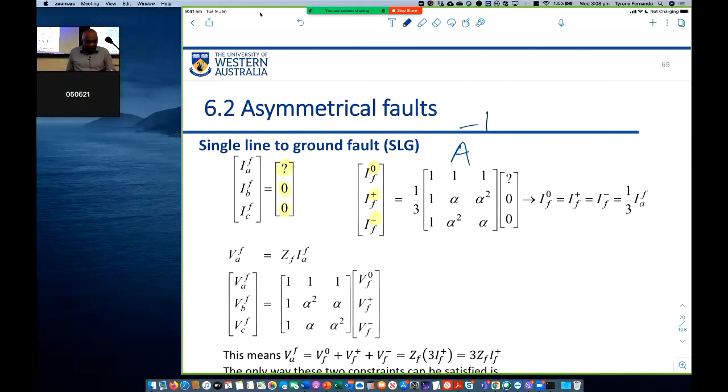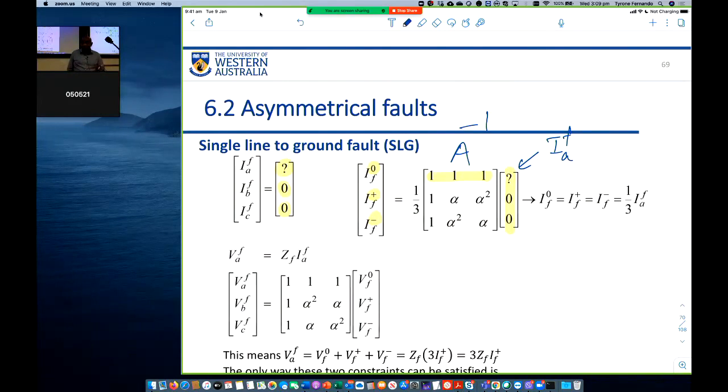So if I take this row and multiply by that, I'm going to get IF naught equals 1/3 IFA, right? If I look at the positive sequence current, again the answer is going to be the same.